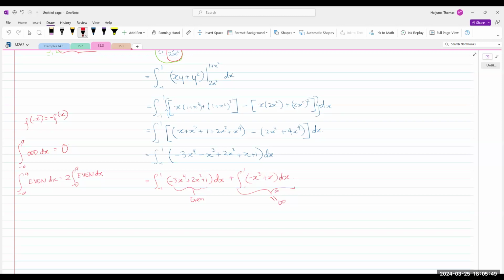This is odd, therefore it becomes 0 when you integrate that. Odd function on the symmetric domain, right? So what happens is you will get 2 times the integral from 0 to 1 of negative 3/5 x to the 5th plus 2/3 x cubed plus x, from 0 to 1.